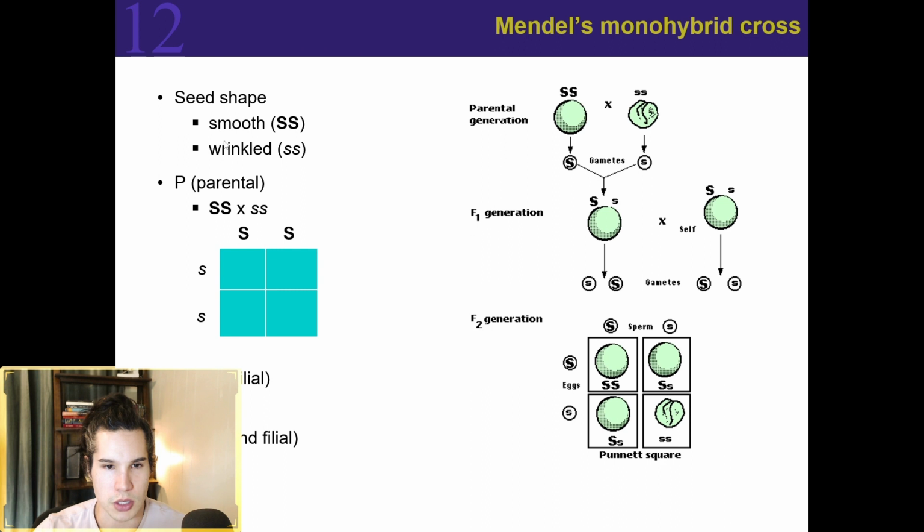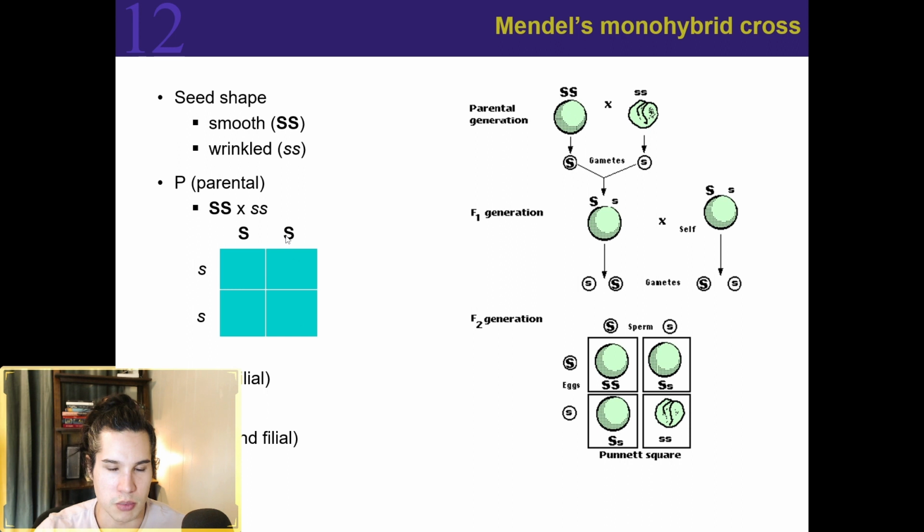So let's look at the results one more time, and we actually go a step further here. So the true bred smooth seeds were big S, and the true bred wrinkled seeds were little s. And so the parental generation, this is showing the monohybrid cross using a Punnett square.